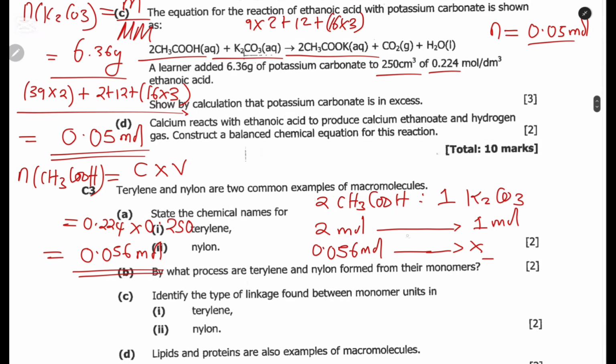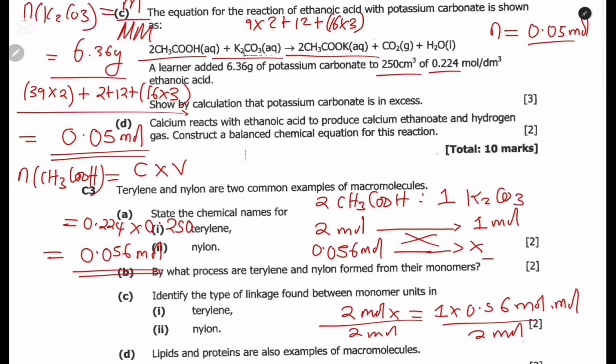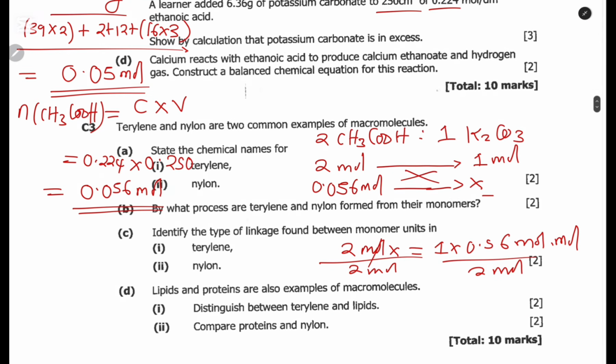So when you form a ratio, we cross multiply here. We are going to have 2 mol times x is equal to 1 mol multiplied by 0.056 mol. What we want is to find the value of x, so we divide by 2 mol. So x therefore gives us the number of moles of potassium carbonate that react with 0.056 moles of ethanoic acid.